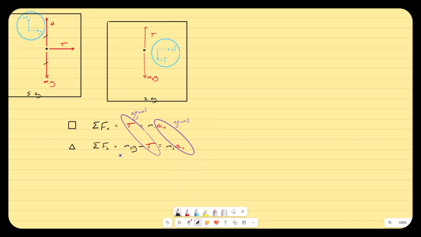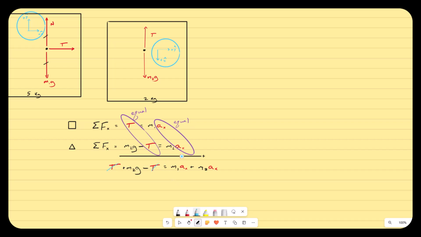I'm going to take these equations and add them together. When I do that, the left side becomes T plus m2g minus T, and the right side becomes m1ax plus m2ax.